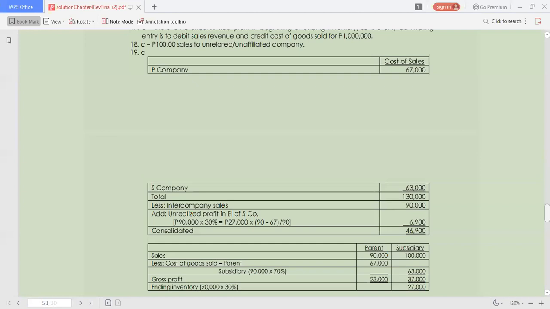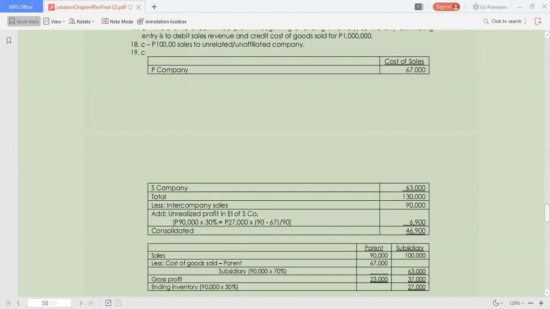So we now get 25.555% multiplied by 27,000. We get a rounded off figure of 6,900. That's now your consolidated cost of sales.